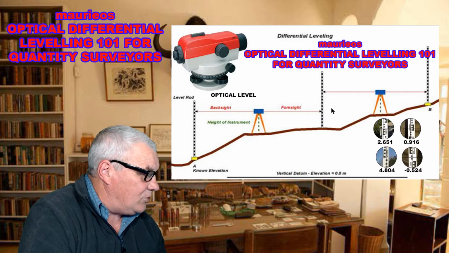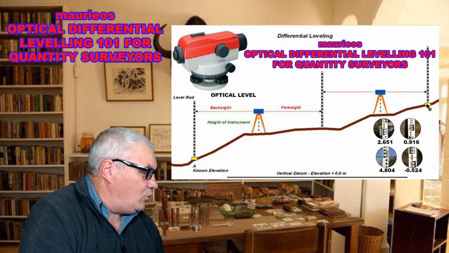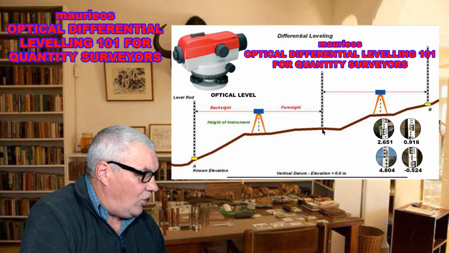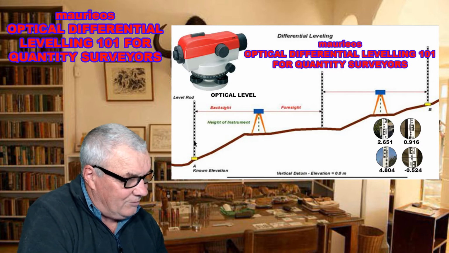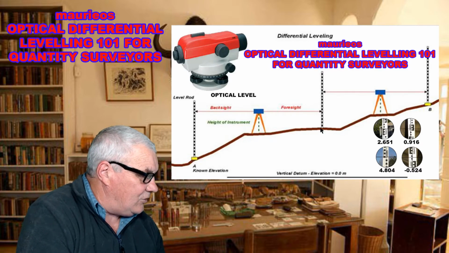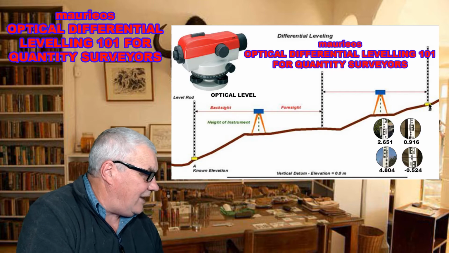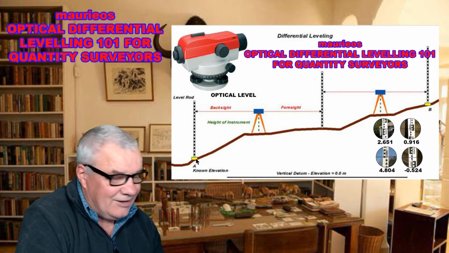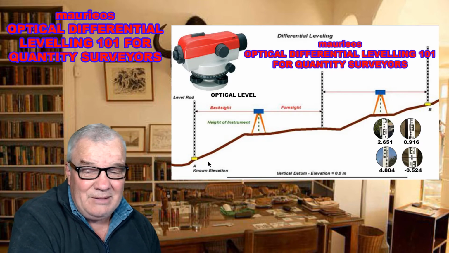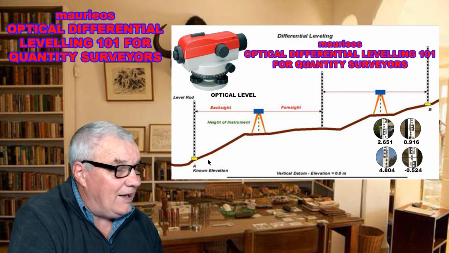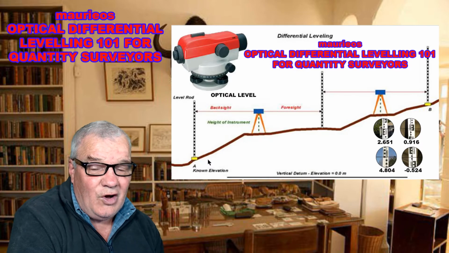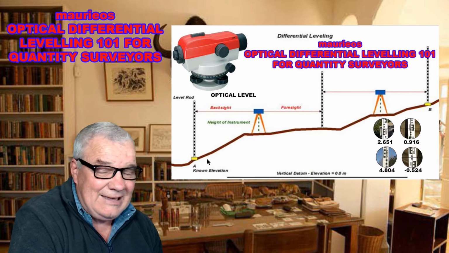The difference between the two will be the difference in height between that point and that point. So if you add the difference in height between there, and the difference between there and there, you'll get the difference in height between A and B. So it's pretty simple. The level only defines a horizontal plane.